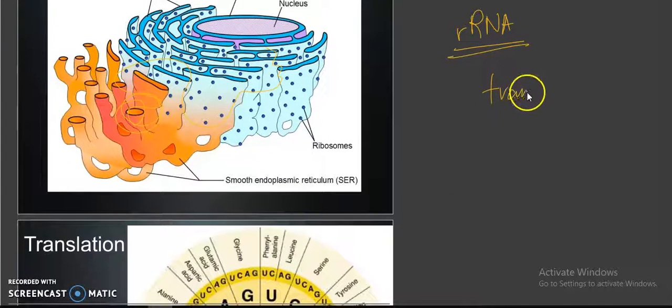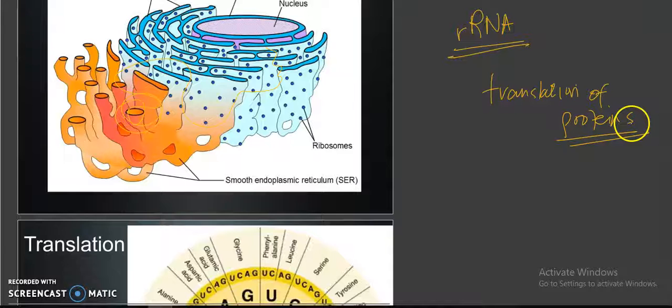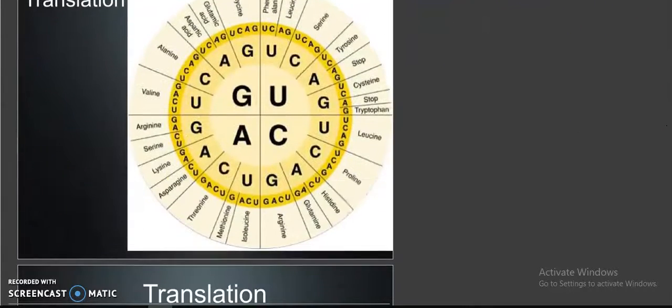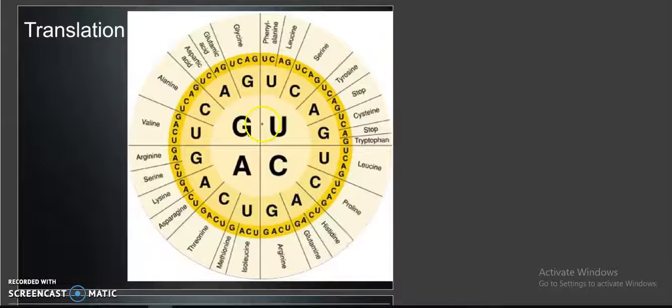Okay. For the translation of proteins, the chart here shows the different kinds of codes, different kinds of nitrogenous bases that code for a single protein. Like for example, U and U means phenylalanine, and U and C is alanine. So these nitrogenous bases code for a particular protein.